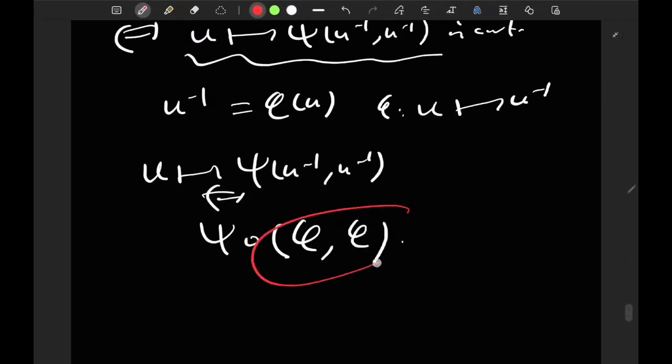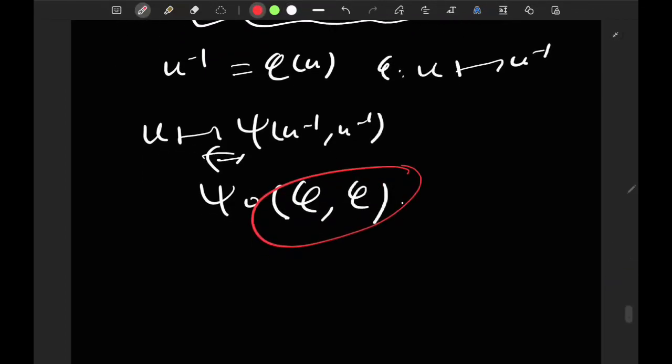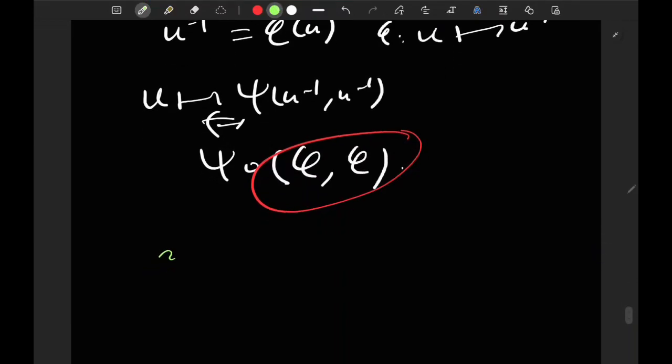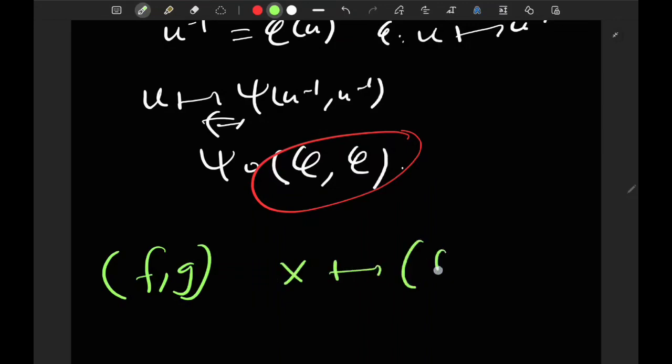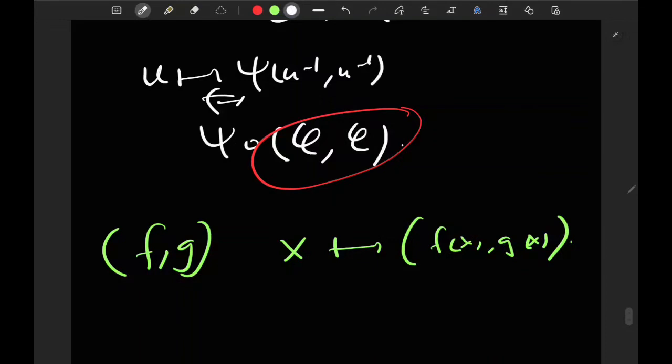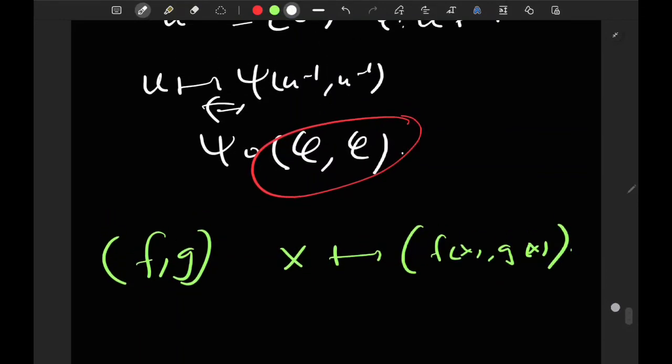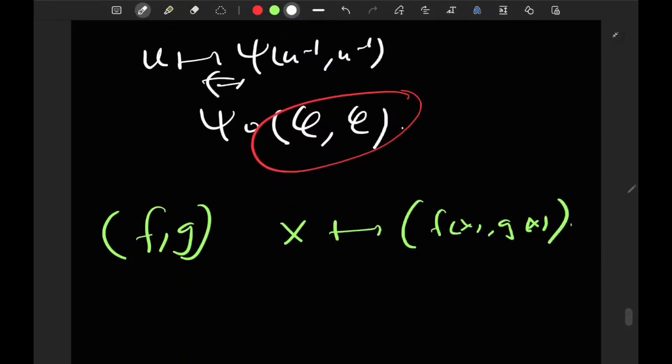When I write (φ, φ), generally if I say the map (f, g), I mean the map which takes x and gives f of x, g of x.